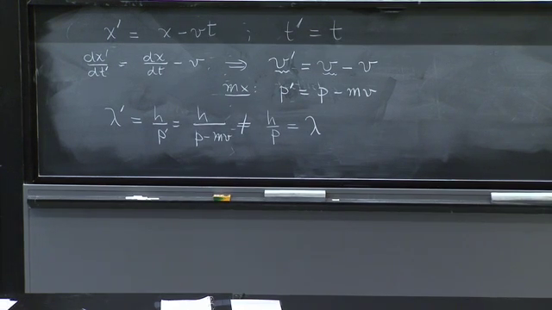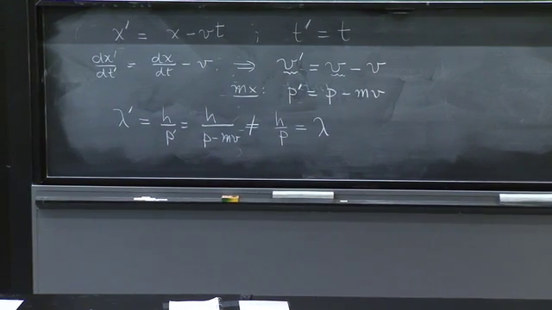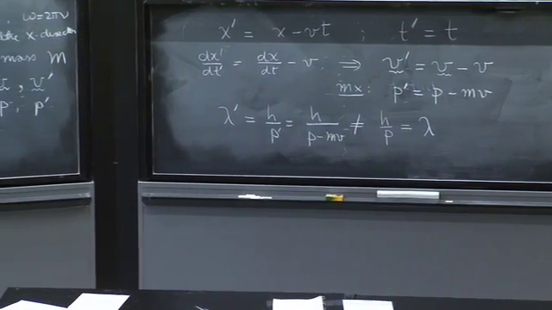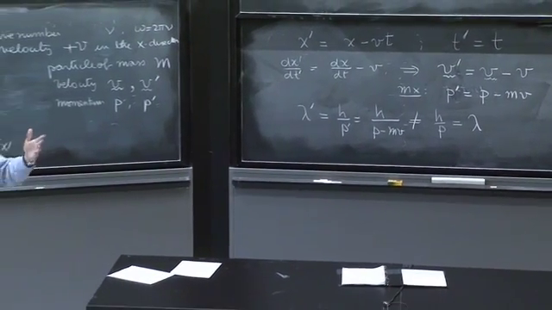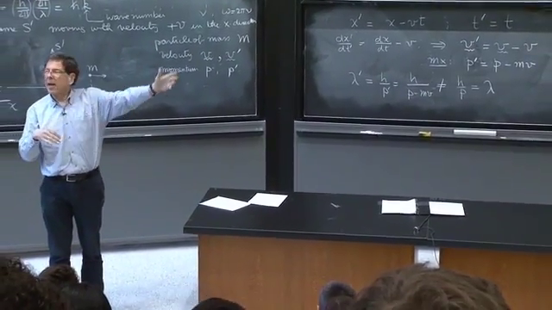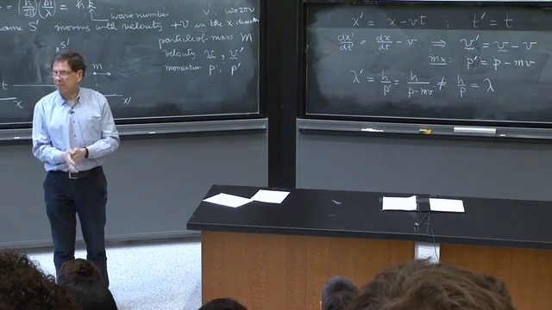Now, if this would be a familiar type of wave, like a sound wave that propagates in a medium, any kind of wave that propagates in a medium, like a water wave or any wave of that type, this would simply not happen.